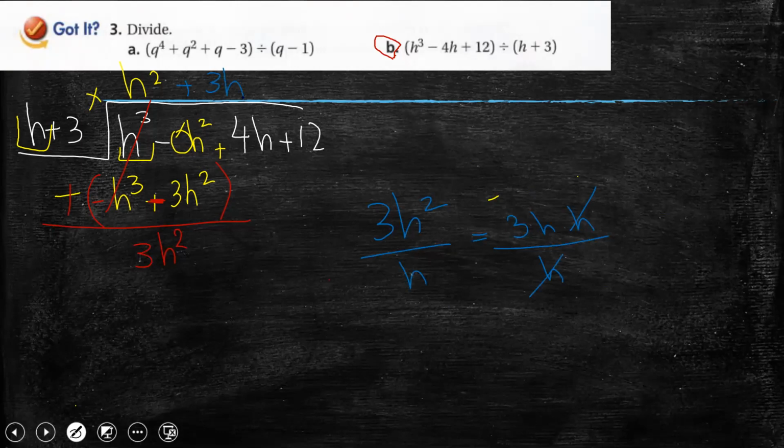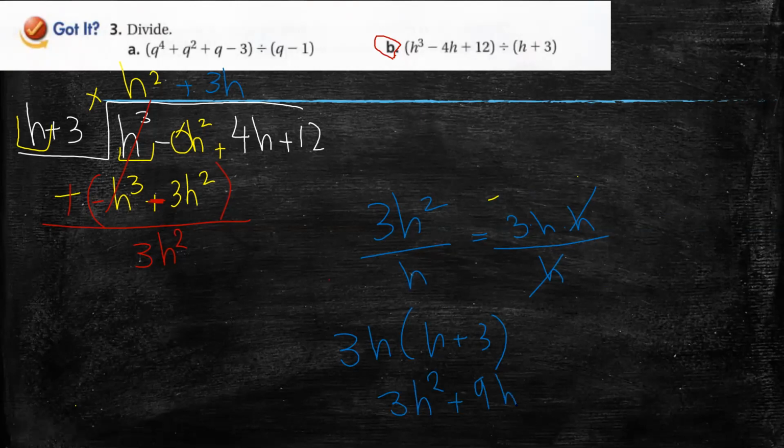Now this 3h is multiplied by h plus 3. I will repeat: divide by the first term, multiply by the whole term. So now multiply 3h by h plus 3, which is 3h squared plus 9h.